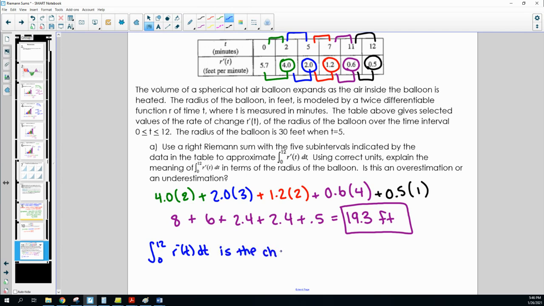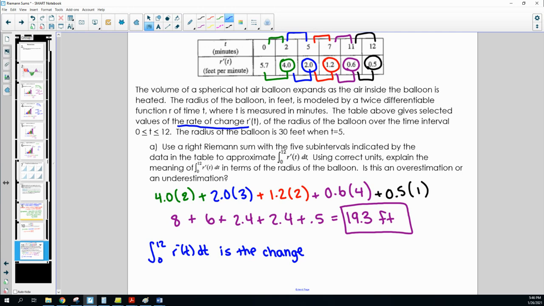is the change. Now notice I didn't say rate of change, because rate of change is the velocity, which is the derivative, which is what we're given, that r prime is the rate of change. And they tell us that in the beginning. So when we go backwards from the rate of change, which is our velocity or first derivative, we're going back to the original. That's kind of like the position or the distance.